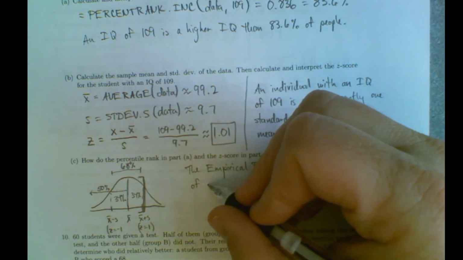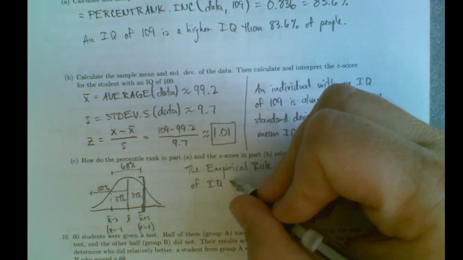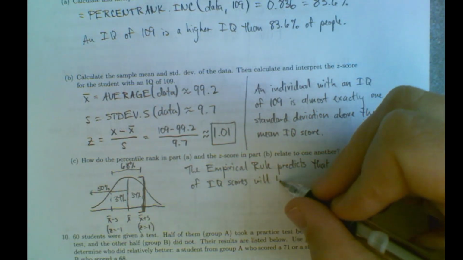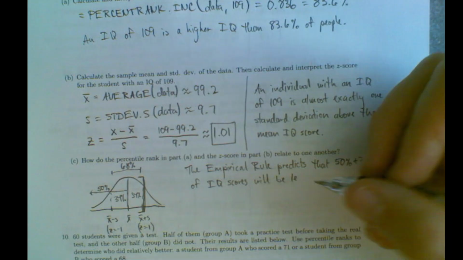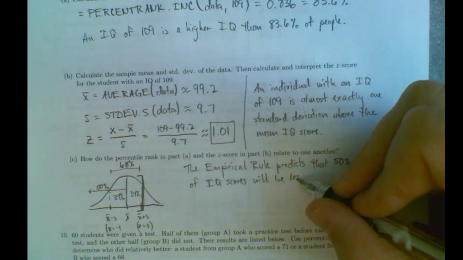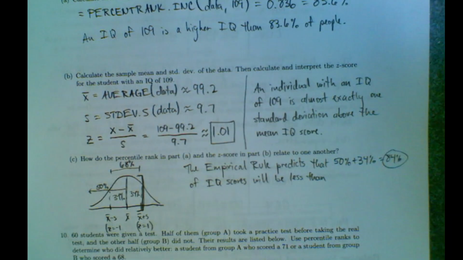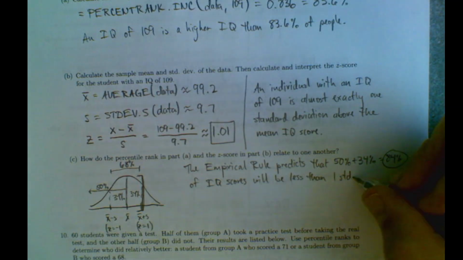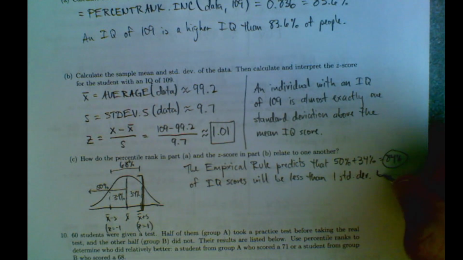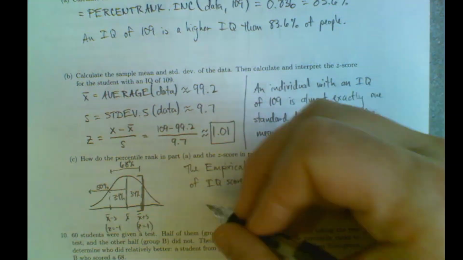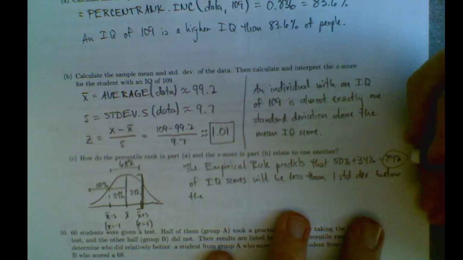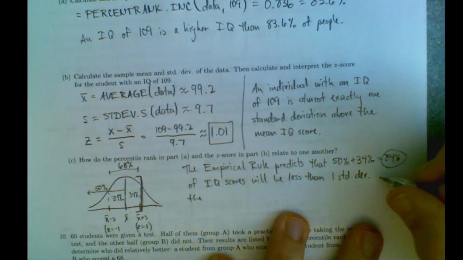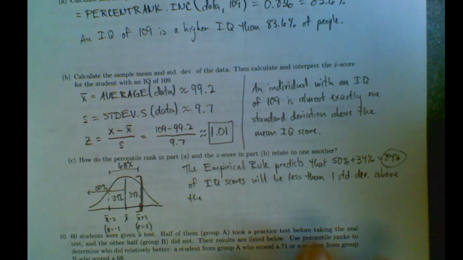of IQ scores will be less than 1 standard deviation above the mean.